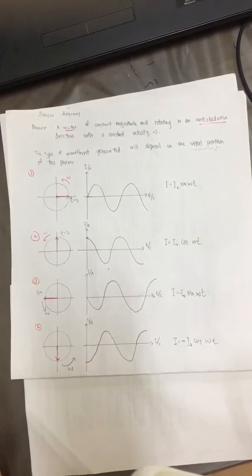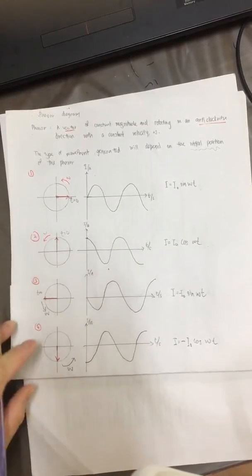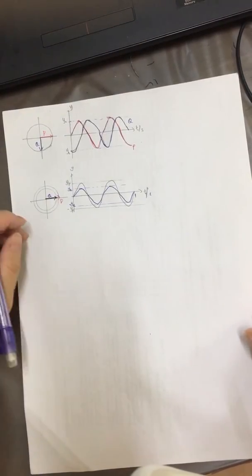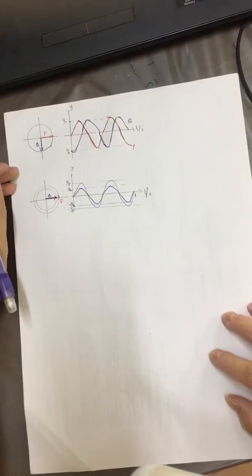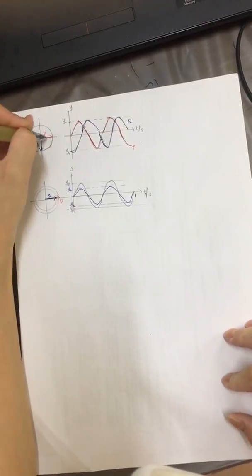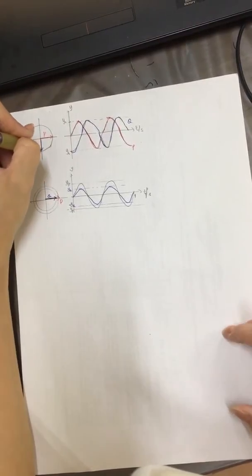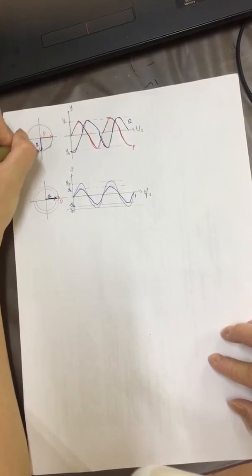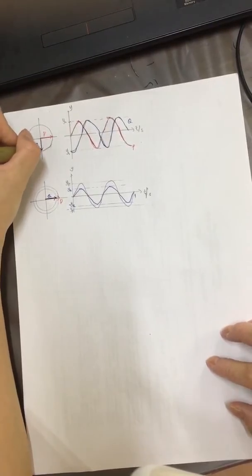You have to be very clear, because this phasor diagram will help you to simplify your vector. Let's say you have two phasors in one phasor diagram, for example phasor P and phasor Q. Looking at these two, the lengths of P and Q are the same.